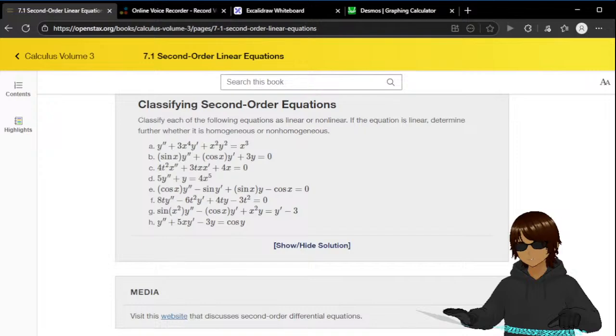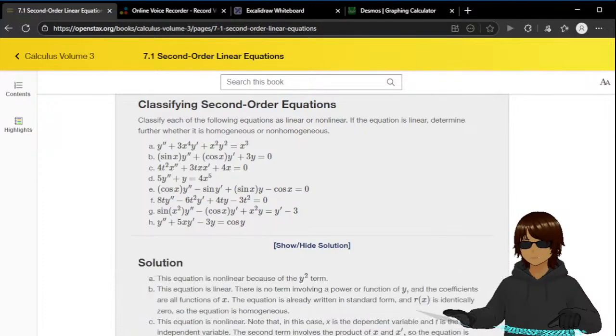Linear non-homogeneous. Linear non-homogeneous. Linear non-homogeneous. Non-linear. What? Non-linear, right? You can't have cos of y.